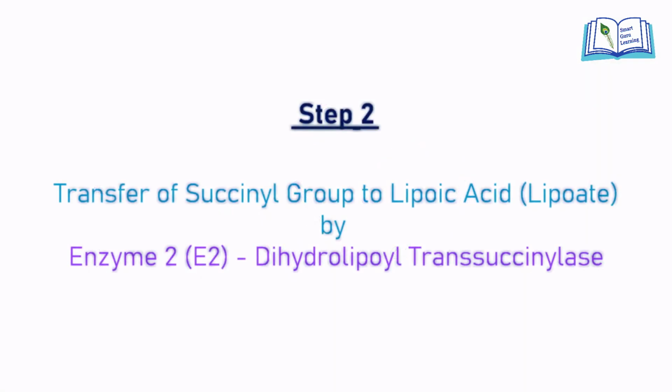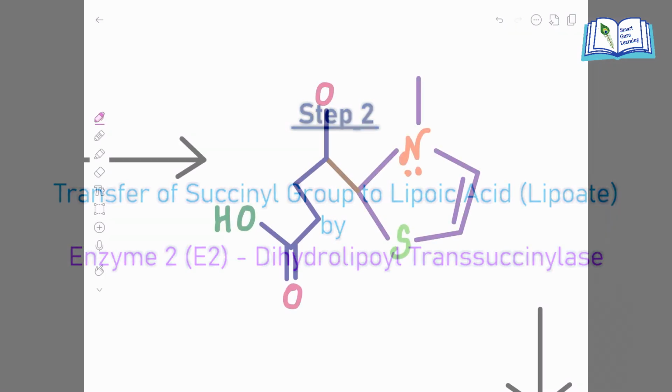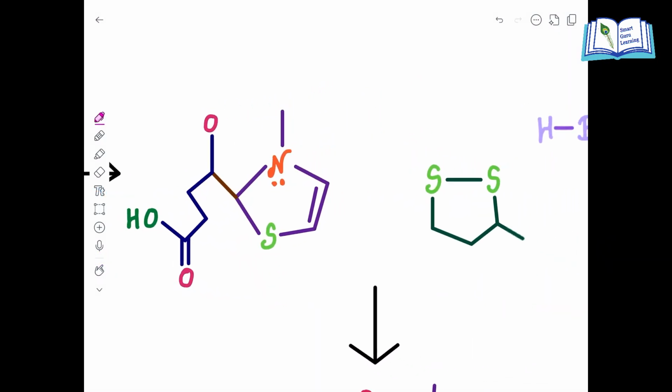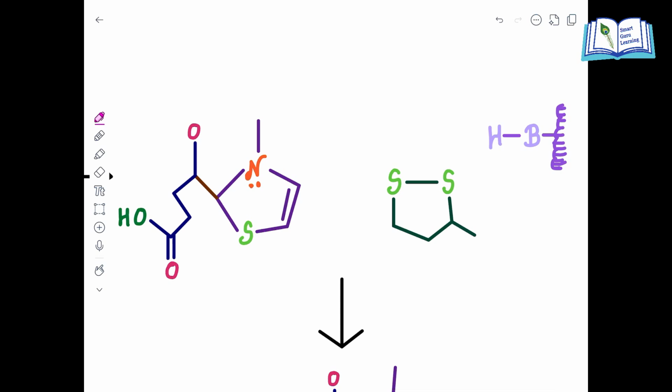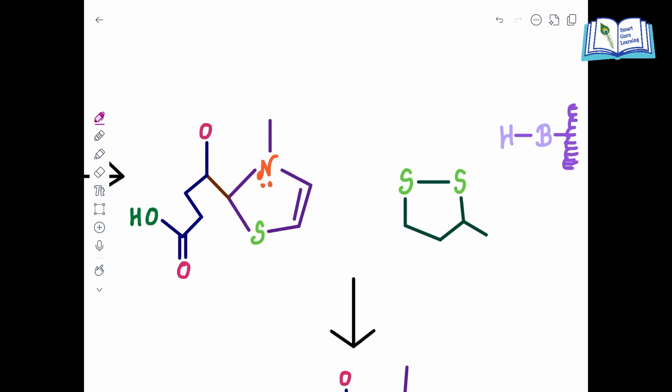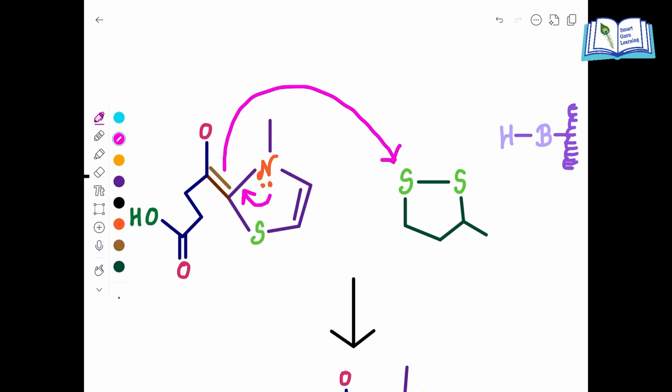Step 2. Transfer of succinyl group to lipoic acid or lipoid by enzyme 2, dihydrolipoyl transsuccinylase. The electrons on the nitrogen move back here to form a double bond, and the electrons in this double bond act as a nucleophile and attack lipoid here. The bond between the sulfur groups here is broken as it attacks hydrogen that is attached to some base.